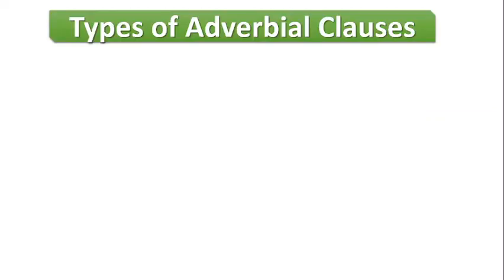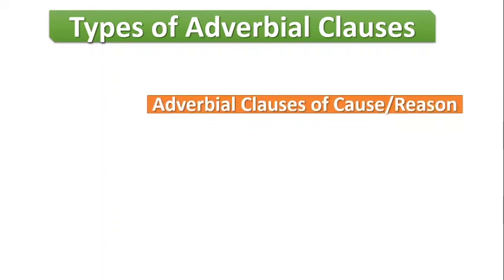We go to another category, adverbial clause of cause or adverbial clause of reason. Cause or reason. This kind of clause is used to show why something happens. The clause begins with conjunctions such as because, since, as, that, and so forth.